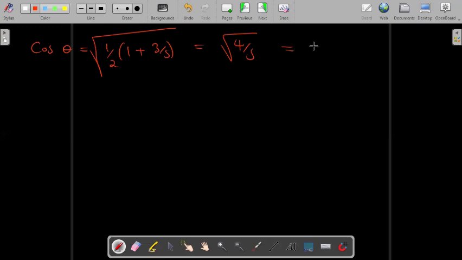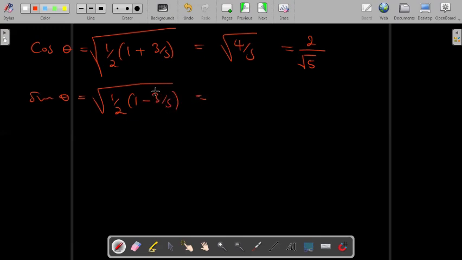And this is just going to give you, on top, root 4 gives you 2, and down there you get root 5, since you don't have a perfect square. Okay, after getting that, what do we do next? From here, I find the one for sine. So sine theta is going to be equal to root of half times 1 minus cos 2 theta, which is 3 over 5.